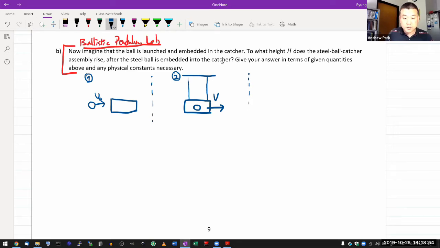That's the second snapshot. And the third and the final snapshot is where the catcher has swung up to some height, and you can measure the maximum height h, and that's the third and the final snapshot, which should relate this height to the other quantities given in the question.